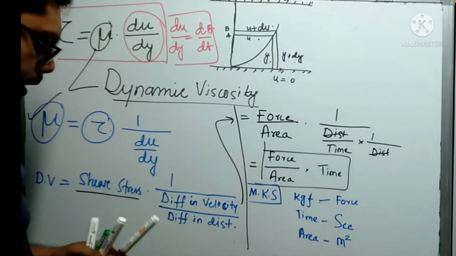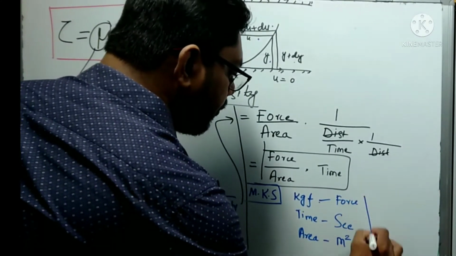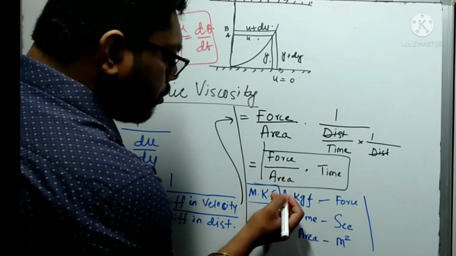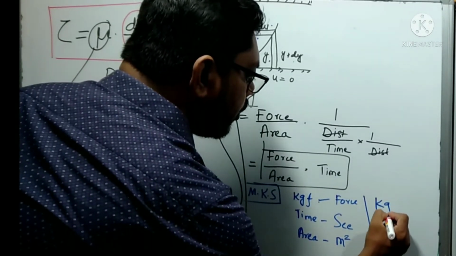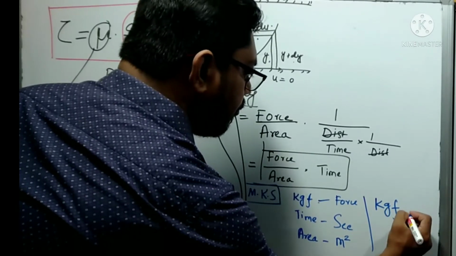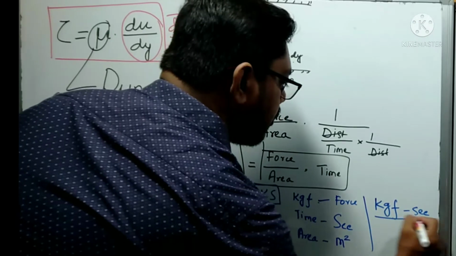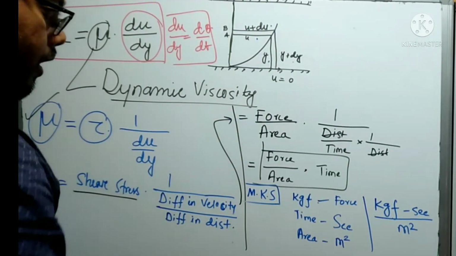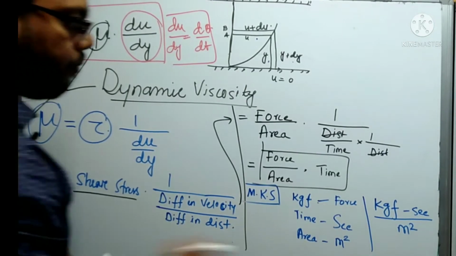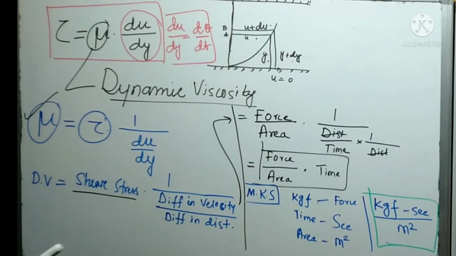Then what is the MKS unit? The MKS unit is force into time upon area, that means kgf second per meter square. Clear? That is the MKS unit of dynamic viscosity.